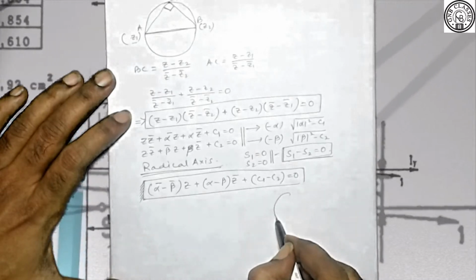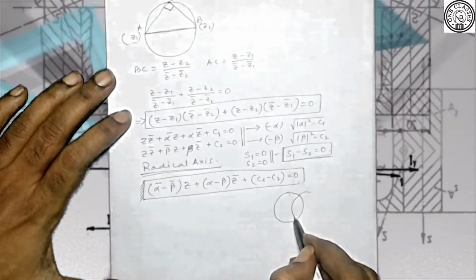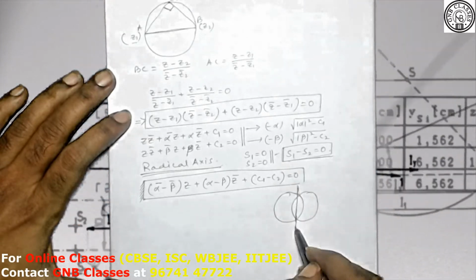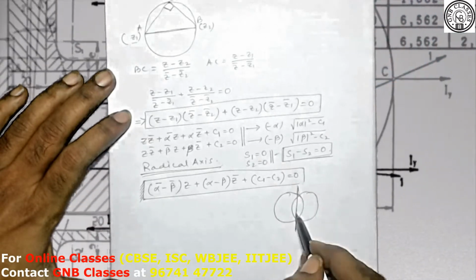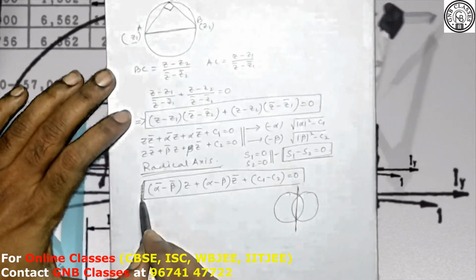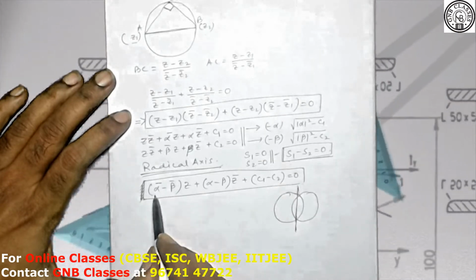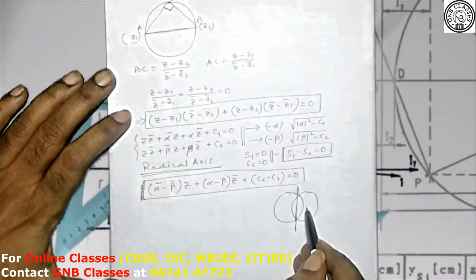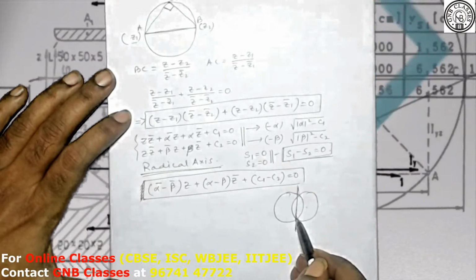We all know that when two circles intersect each other, the radical axis becomes their common chord. So this can also be treated as the equation of the common chord of these two given circles. The only condition is that they intersect each other at two distinct points.